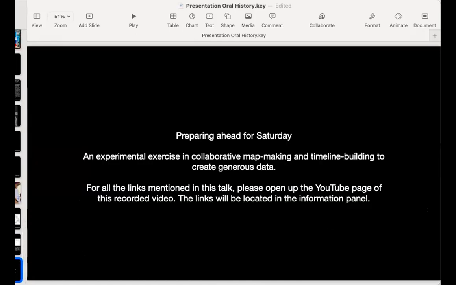So finally, to plan ahead for Saturday, and this is the final part, I want to invite all of us to work on an experimental exercise in collaborative map making and timeline building to create the beginning of, hopefully, a kind of generous data.